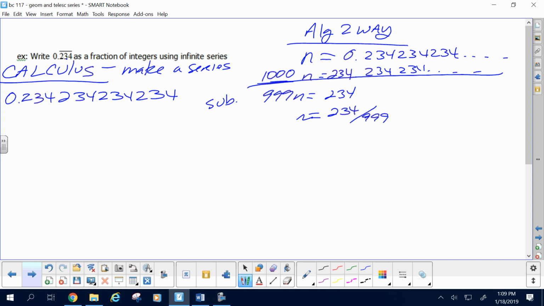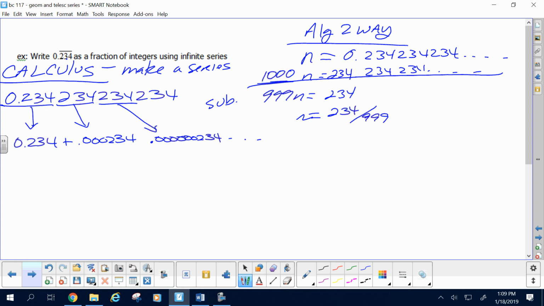The first 234 would go through the thousands place. The second 234 would actually be after 3 zeros, then that new 234. This guy would be after 6 zeros, then 234. If I line those all up decimal-wise, they would give me that same 234.